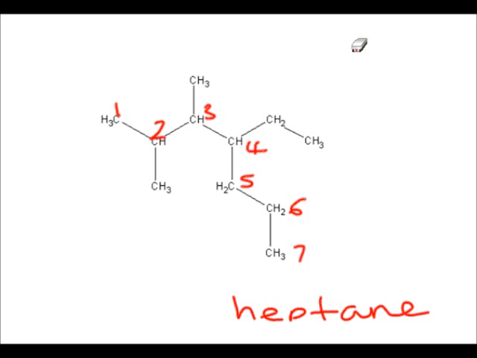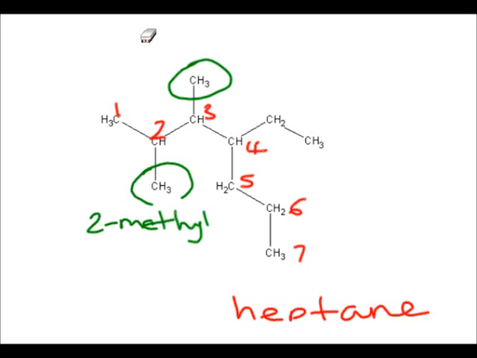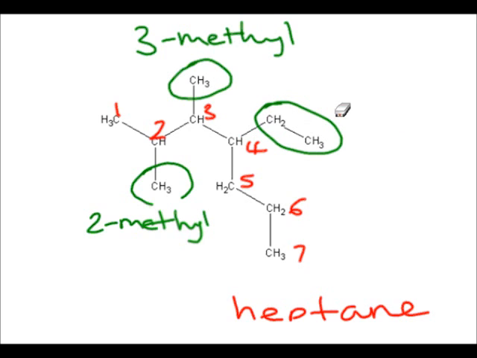We then deal with the branches. So we've got a methyl group here attached to the second carbon. We've got a methyl group here attached to the third carbon. And we've got an ethyl group here attached to the fourth carbon.